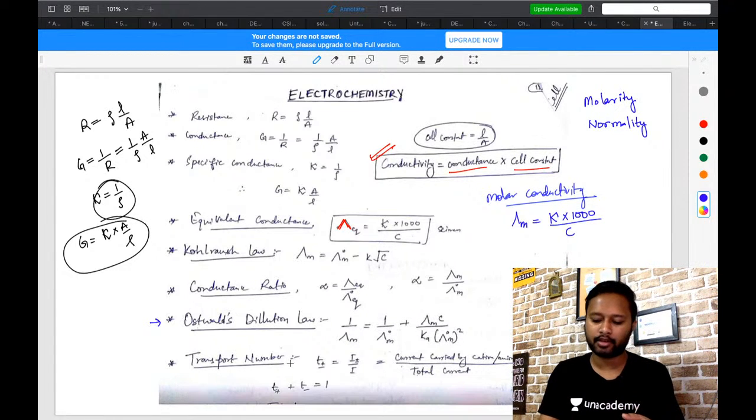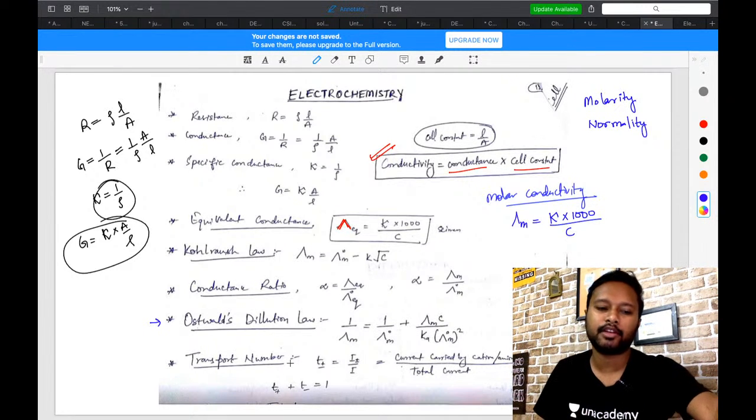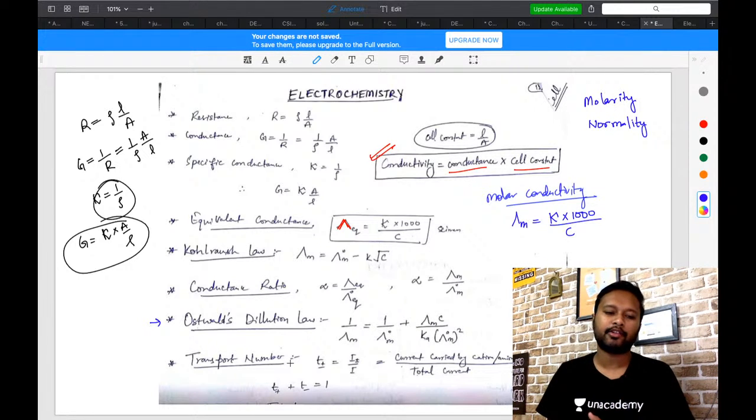If you are talking about cation, the transport number of cation will tell you how much charge the cation is able to carry from one place to another. The same goes for anion also. So transport number of anion will tell you how much charge the anion is able to carry. Transport number is given by current carried by your cation or anion divided by the total current.